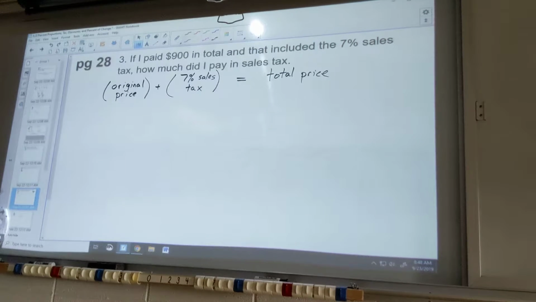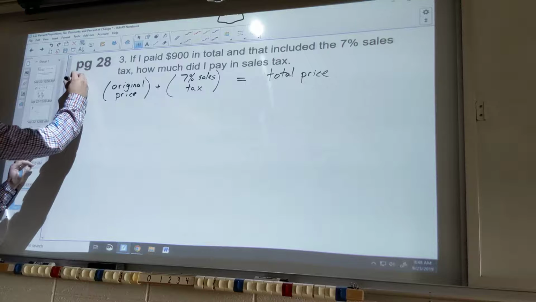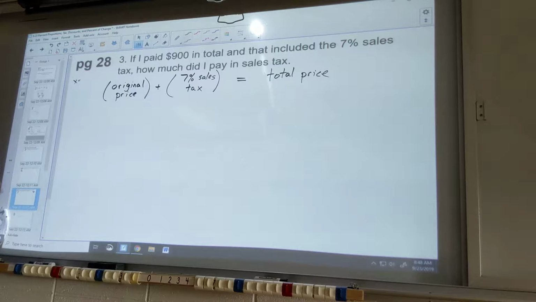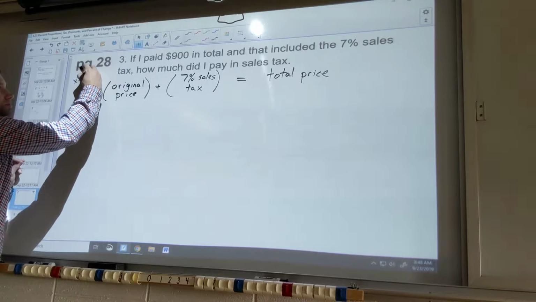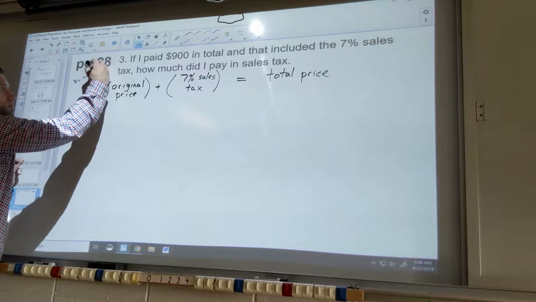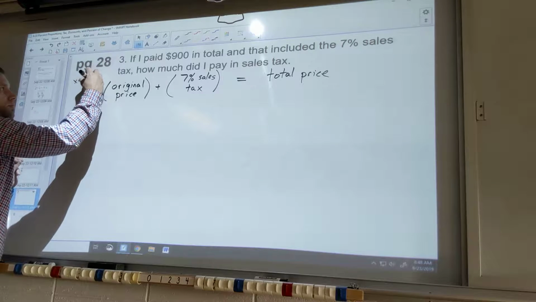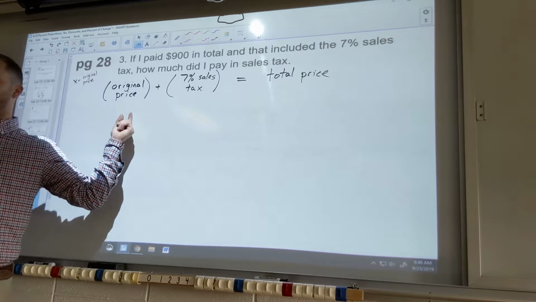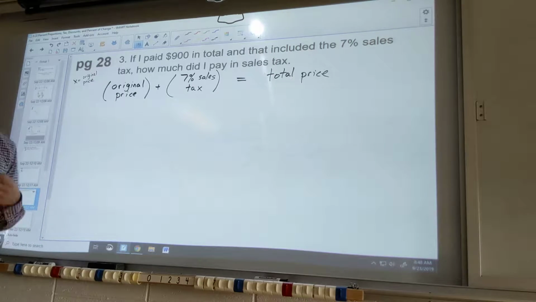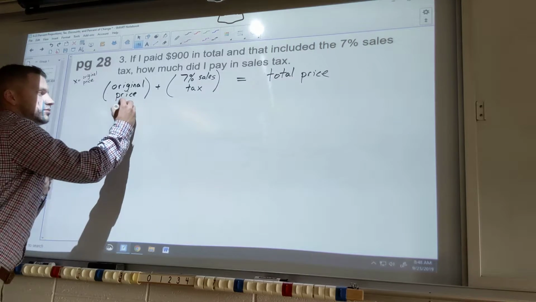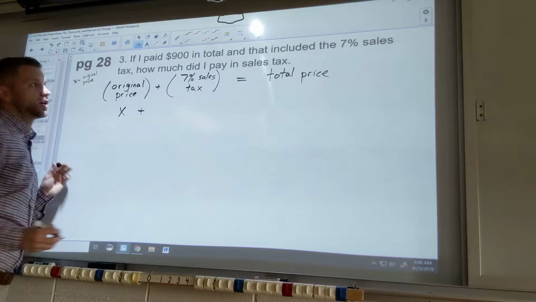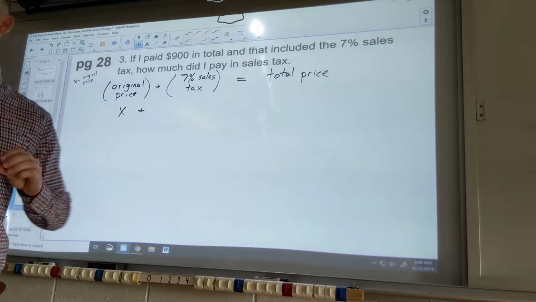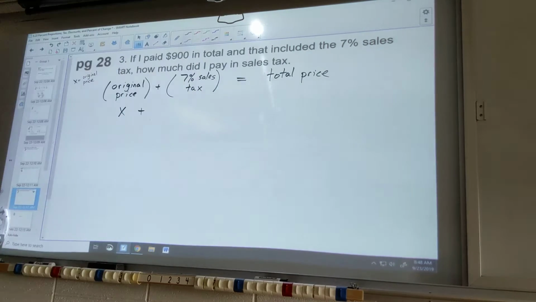Now, if we say that X is equal to our original price, well, bless you. Well, we can then say that our original price is what? X, plus our sales tax. How would you find 7% sales tax?